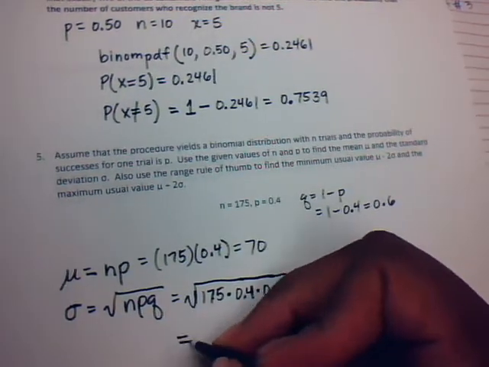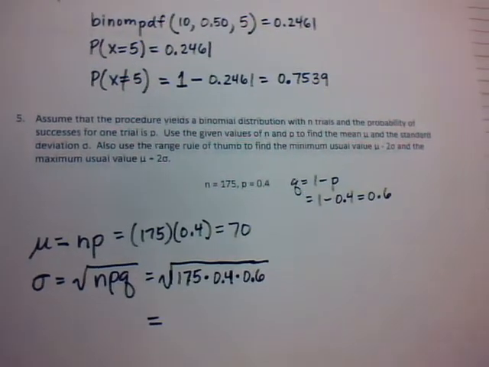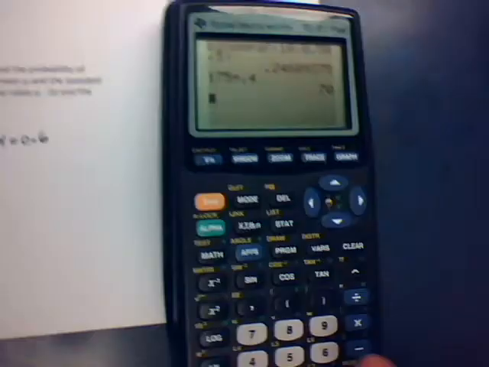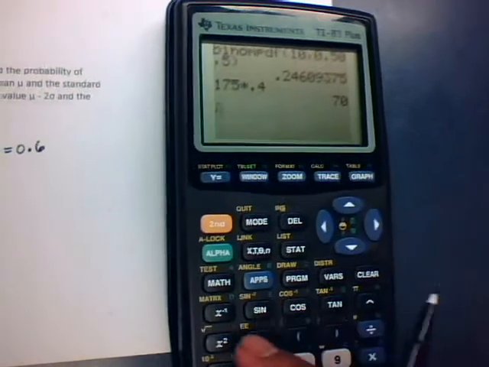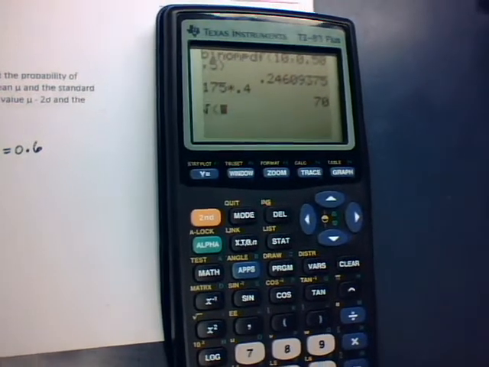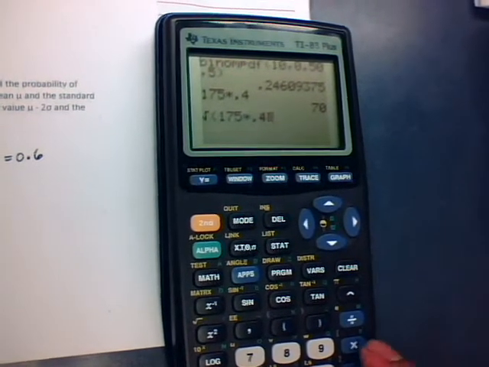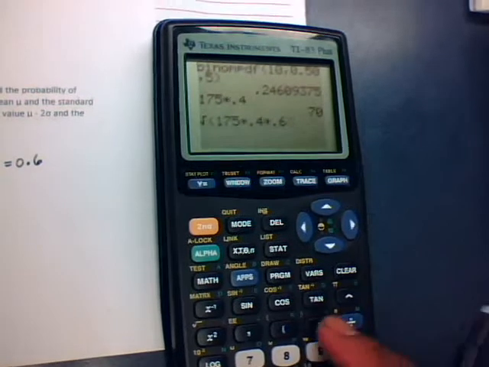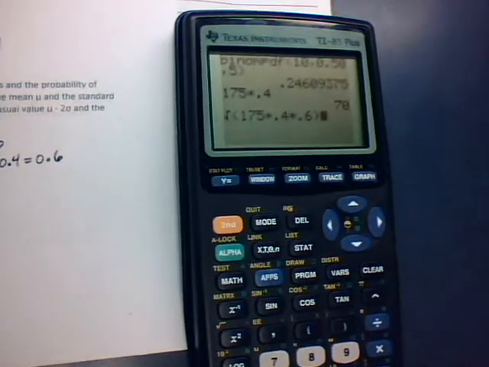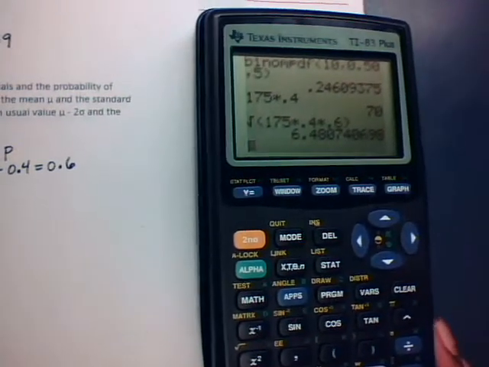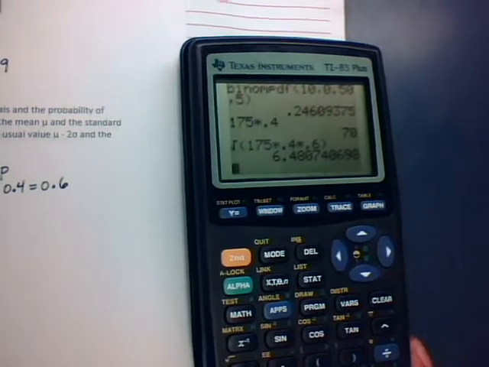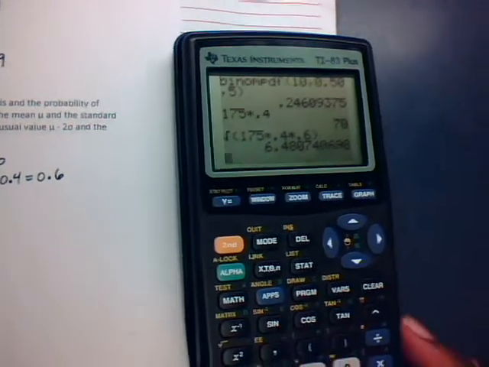And we can type all this in the calculator. I'll show you how that's done. Press second, x squared, then do 175 times 0.4 times 0.6, and close the parentheses. And then hit enter, and you'll get, to two decimal places, 6.48.